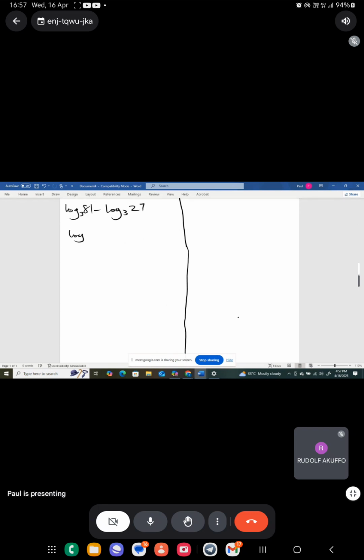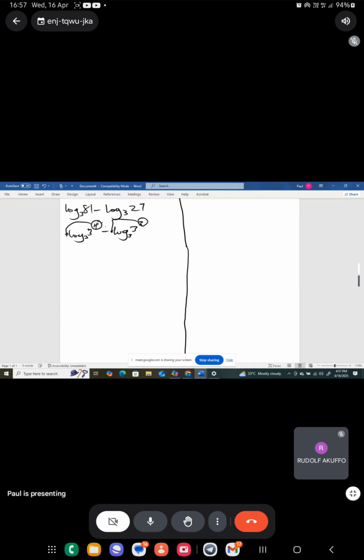Log 3 to the power 4 base 3 minus log 3 to the power 3 base 3.